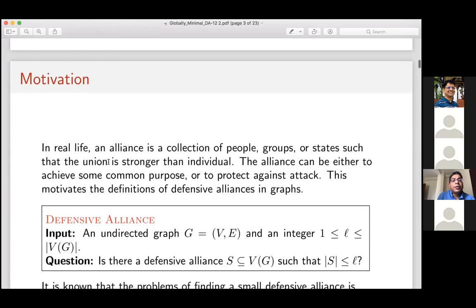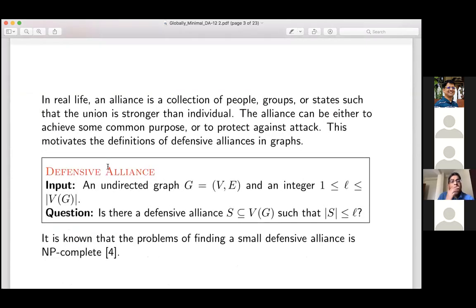Okay, so in real life, an alliance is a collection of people, group, or states such that the union is stronger than individual. And the alliance can be either to achieve some common purpose or to protect against attack.